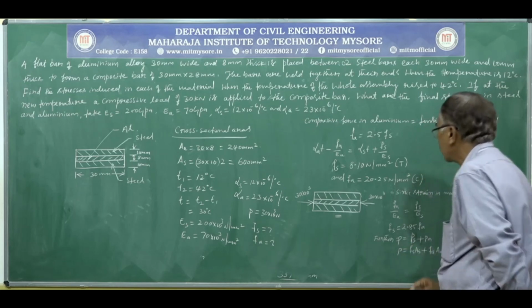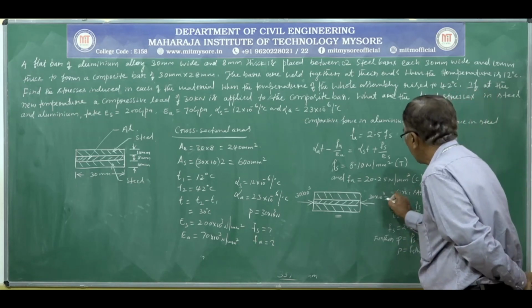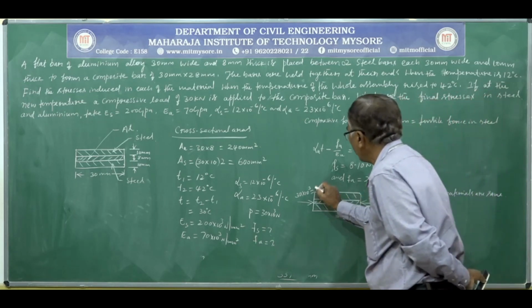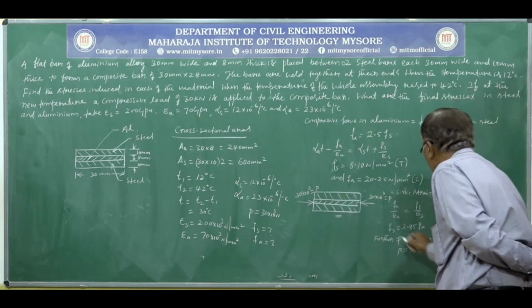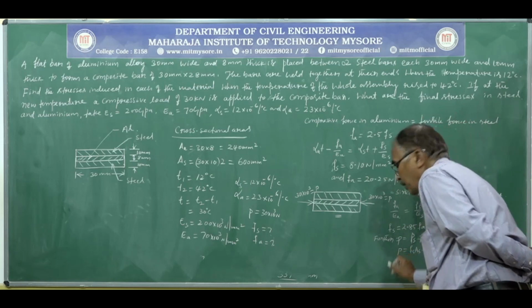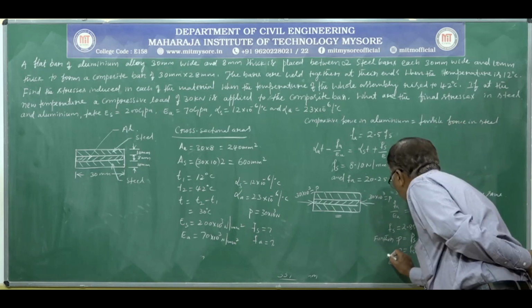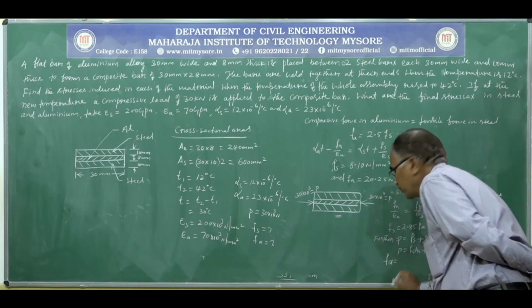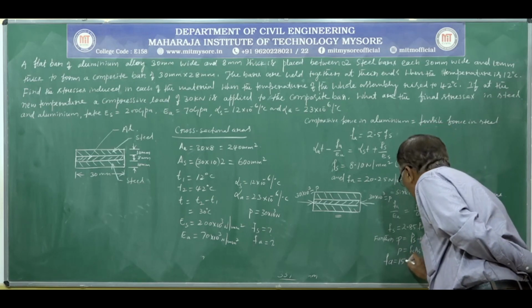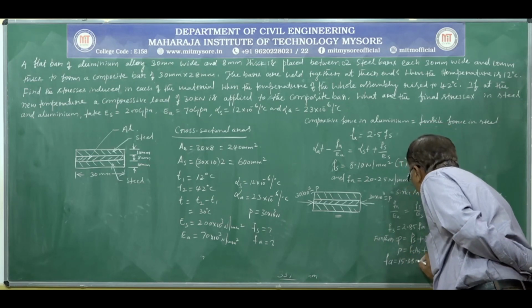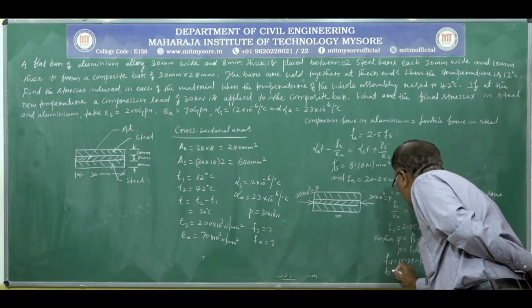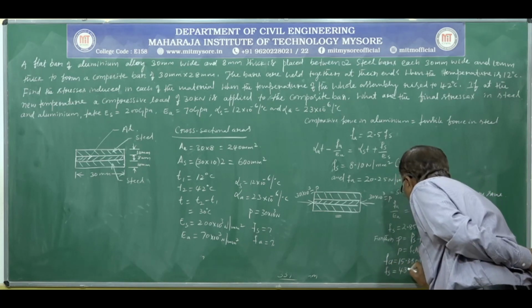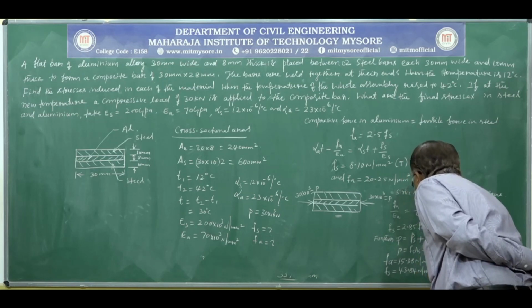Substituting the values here for P and Fs, you will get Fa is equal to 15.38 Newton per millimeter square, and by back substitution you will get Fs is equal to 43.84 Newton per millimeter square.